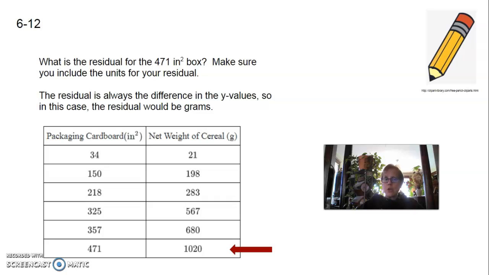They are saying to make sure you're including the units for your residual, so make sure that you put that in grams. I think they also wanted you to graph it. Don't worry about graphing it, okay? Just see if you can figure out the residual here. The residual is always going to be in terms of y. So whatever the unit is for y, that's going to be the same as the unit for your residual, which is why it's grams in this case. Okay, so stop the video and give this a try.